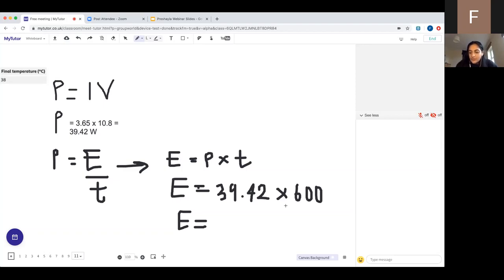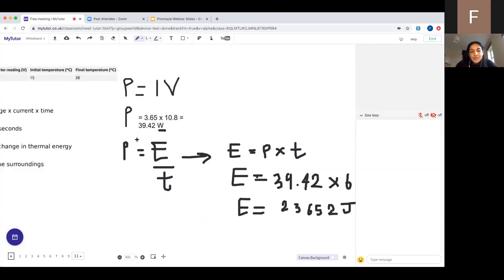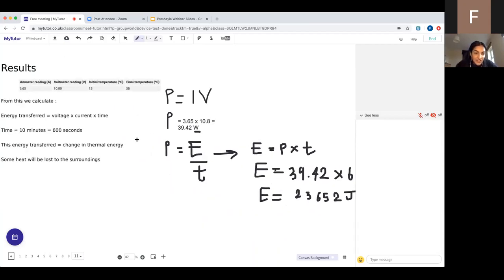Cool. 23652 joules. Okay, so now we're switching the units to joules because it's an energy. Previously it was in watts. So now we have a value for energy.